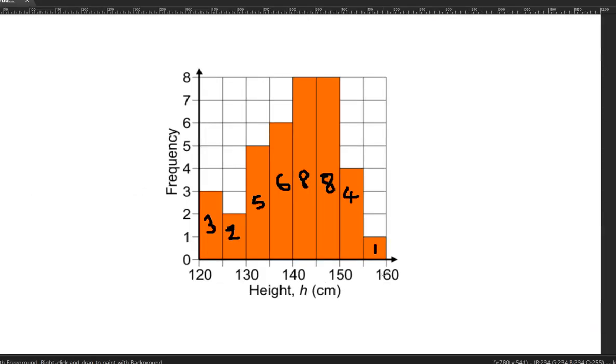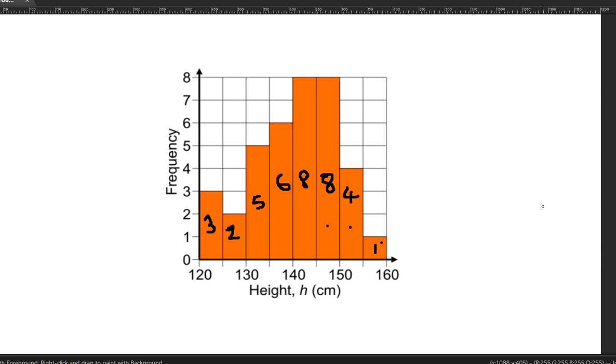So first thing I've done is I have drawn on my bar chart the numbers so I can see. I'm asked how many students have a height greater than 145. So I can see that's 140. This is 145. So greater than 145 would be here, or here, or here. So there's 8 students and 4 students and 1 student. 8 and 4 and 1 gives me 13 students.